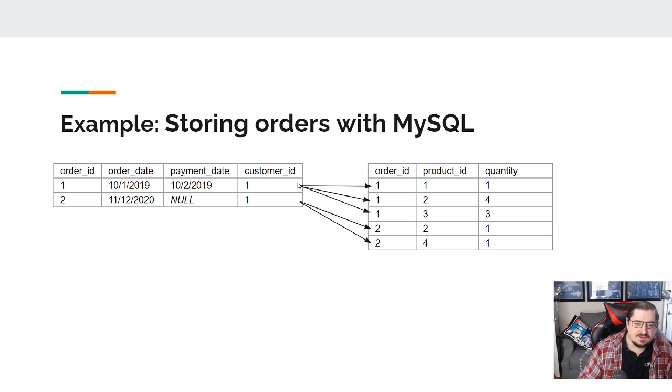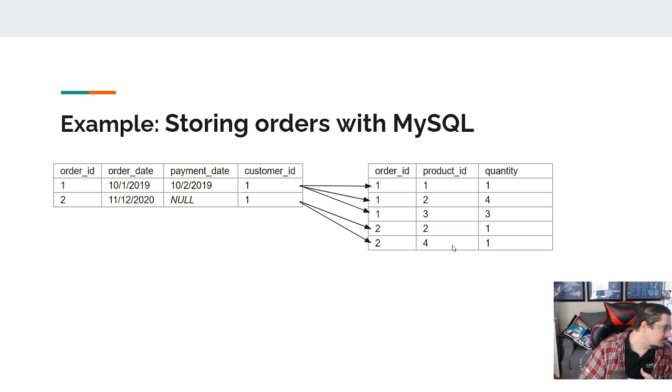Which I think I just realized my arrows are in the wrong place, because these lines should be connected back to the order ID, not to the customer ID. Wouldn't you just do a foreign key, or what do you mean? Well, let's say I know my customer ID is 5, right? How would I write a select statement to say, give me all the order items that belong to customer 5?